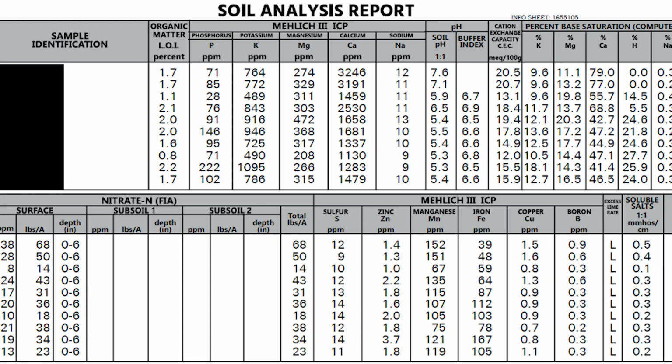The problem, in my opinion, is that Mehlich 3 extraction, especially in higher pH soils like those top two samples. This is where I kind of like the DTPA extraction for the micronutrients, because it's not as generous as far as how many pounds it's going to say you have available per acre.